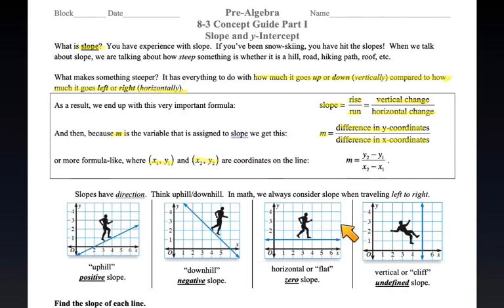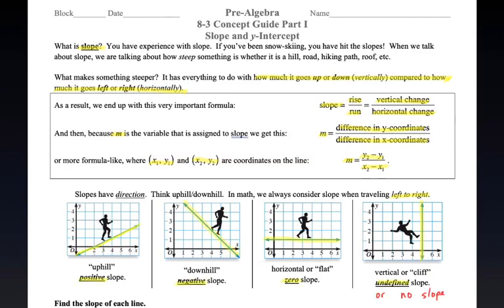It's just a small slope. And then if there's a vertical line here, that's like a cliff. It's undefined. Like that guy will be undefined when he hits the bottom of that right there, just as an example. But yeah, positive, negative, zero, and undefined are the way slopes are measured.